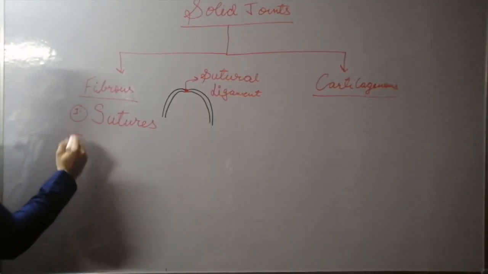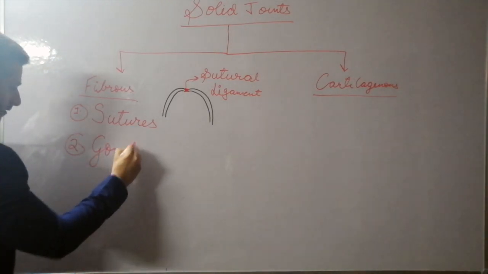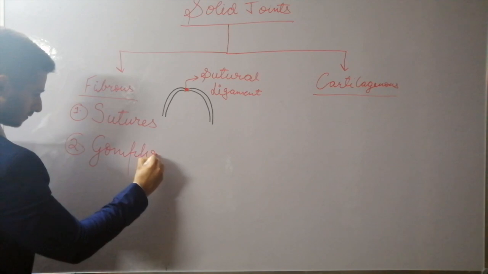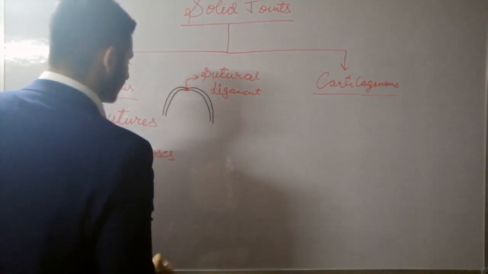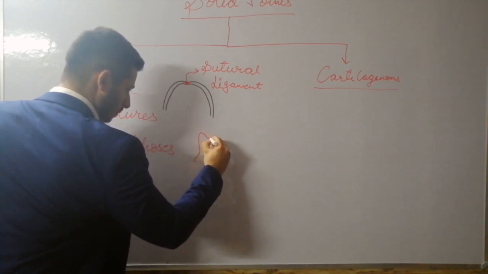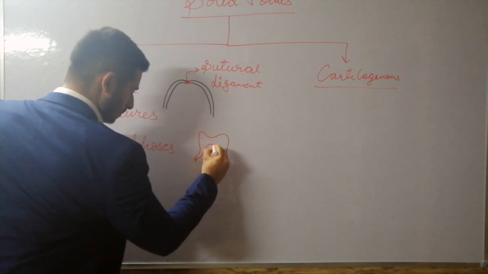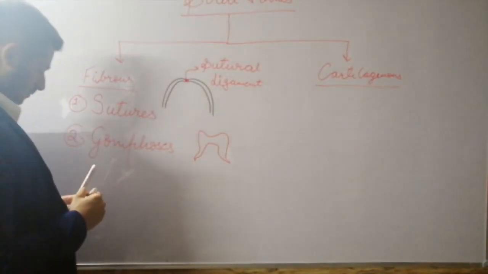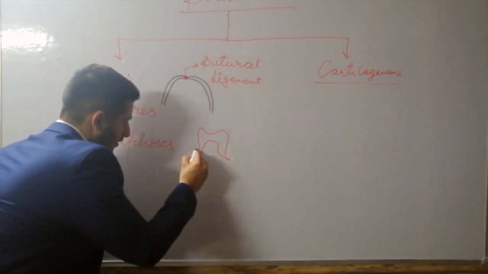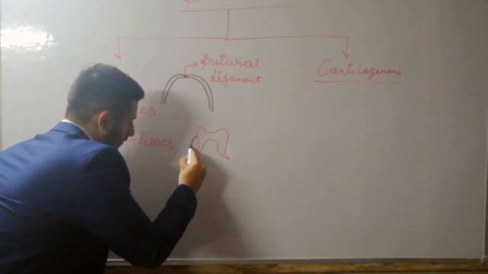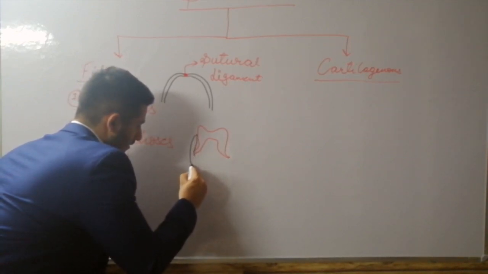The second type of fibrous joint is gomphosis. Gomphosis is present only in our teeth. So this is a tooth, and this is a socket.